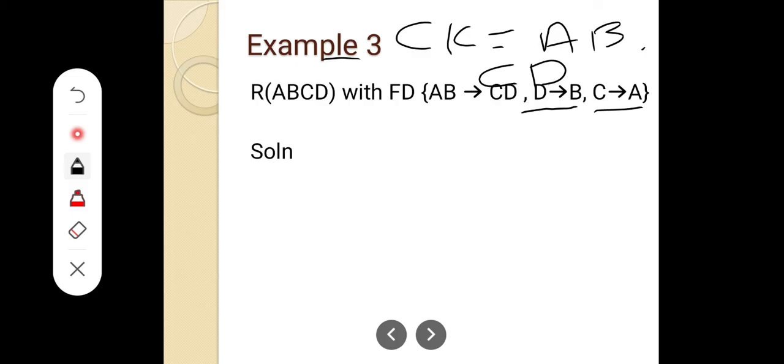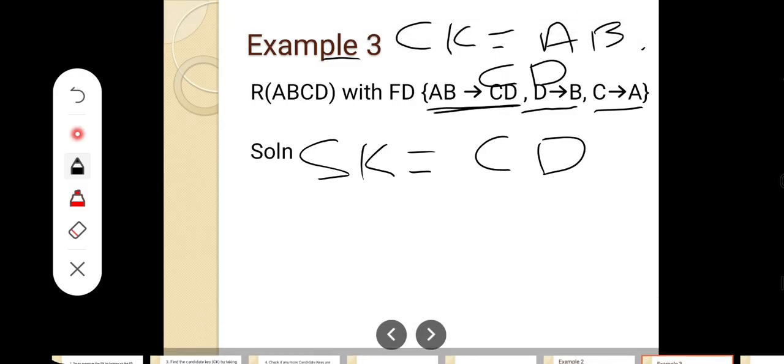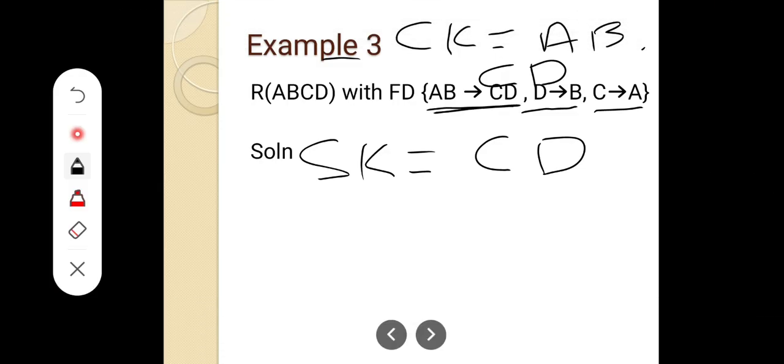So our super key was CD. Okay, CD must have a replacement. So which functional dependency has this RHS value CD? This one. So CD can be replaced as what? AB. CD can be replaced as AB.